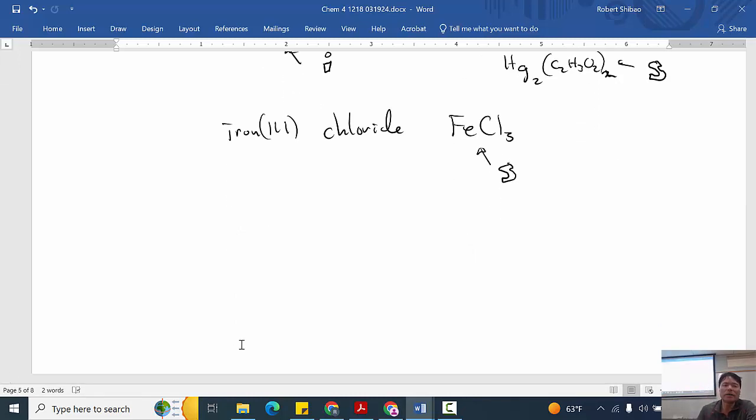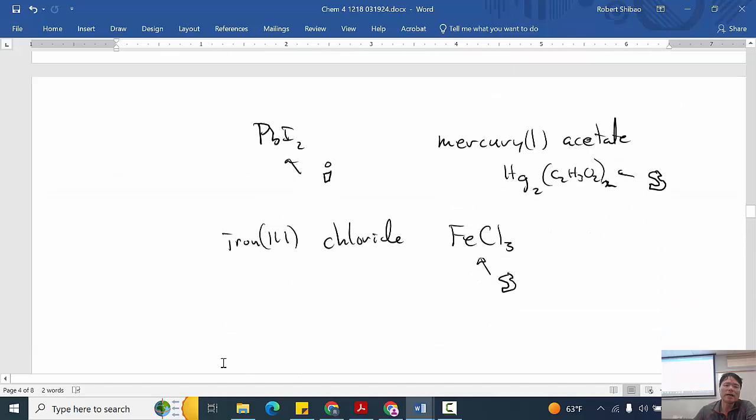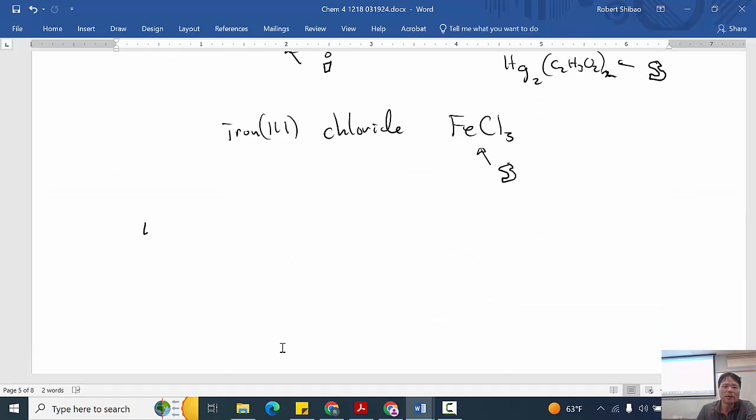All right. After chlorides, bromides, and iodides, we look at sulfates. What's the formula for sulfate? SO4, charge.